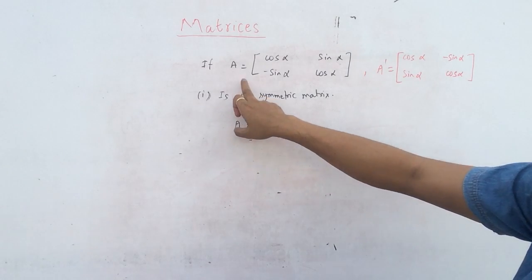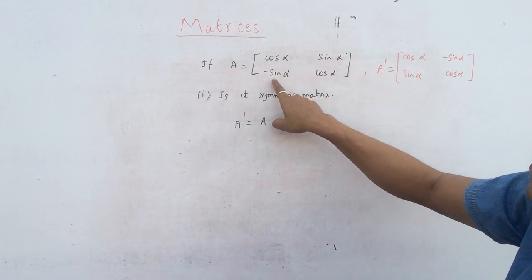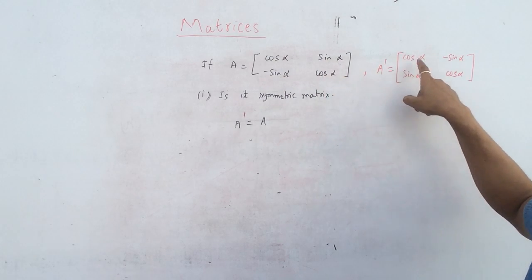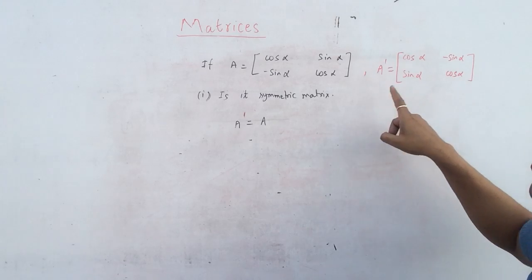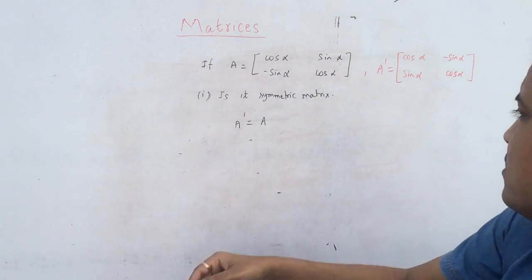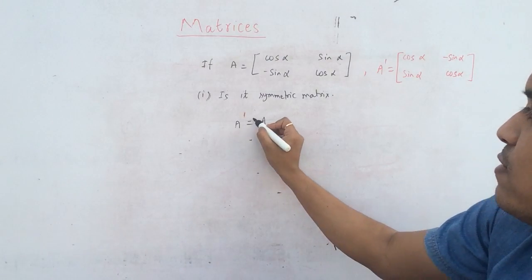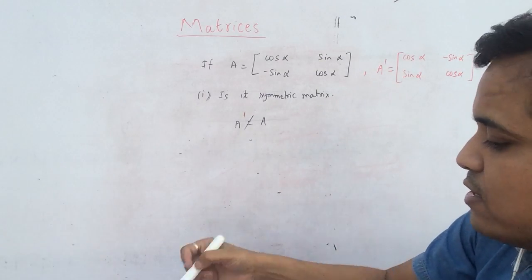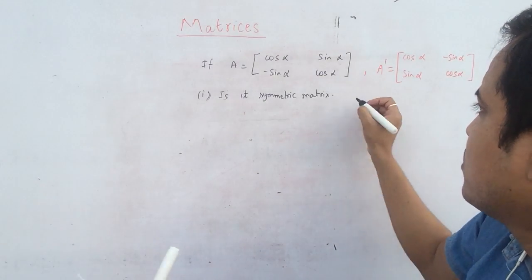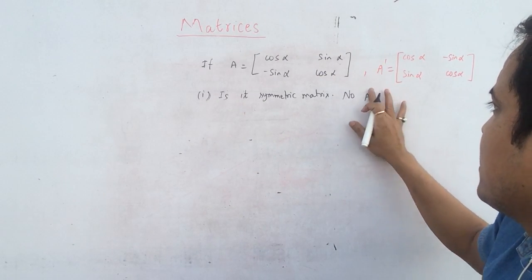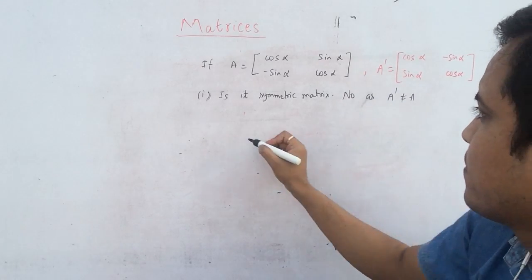Do you find A transpose is A? So here A is cos alpha sin alpha, minus sin alpha cos alpha. A transpose is cos alpha minus sin alpha, cos alpha. No, you are not finding. So since A transpose is not equal to A, it is not a symmetric matrix.